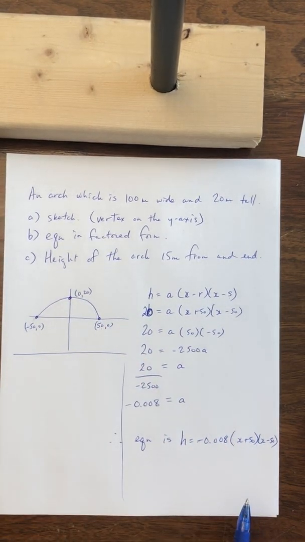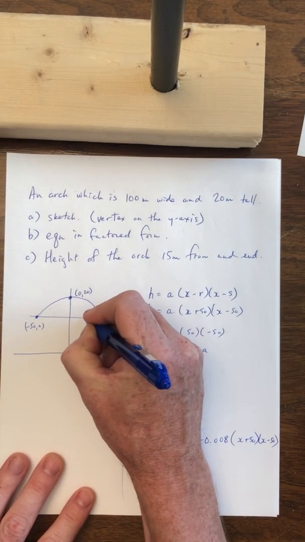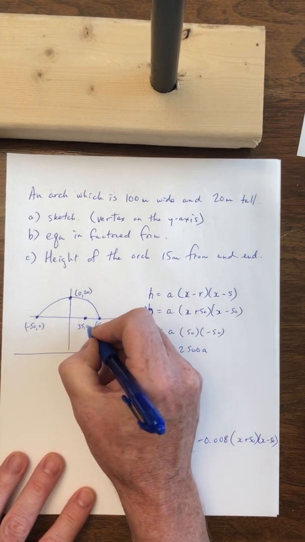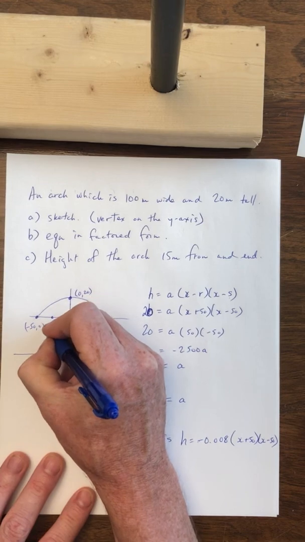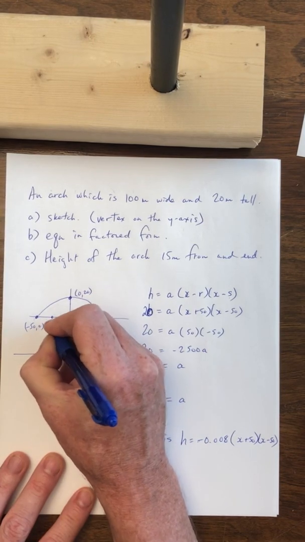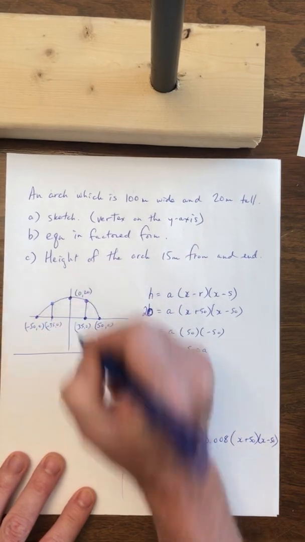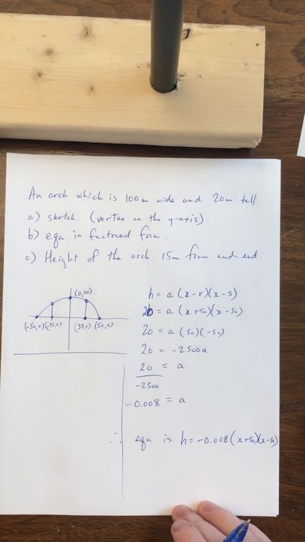Now we did have a part C here. Find the height of the arch 15 meters from one end. So 15 meters from one end is either going to be right here at 35, 0, or over here at -35, 0. So we can use one of those two to find the height.